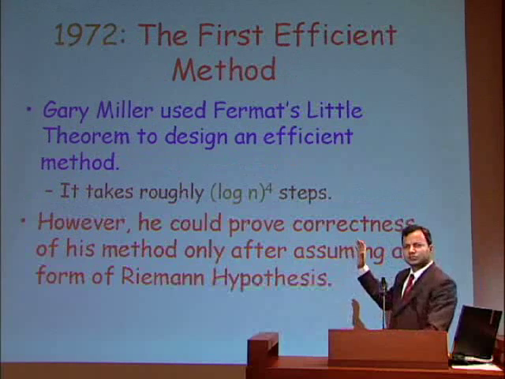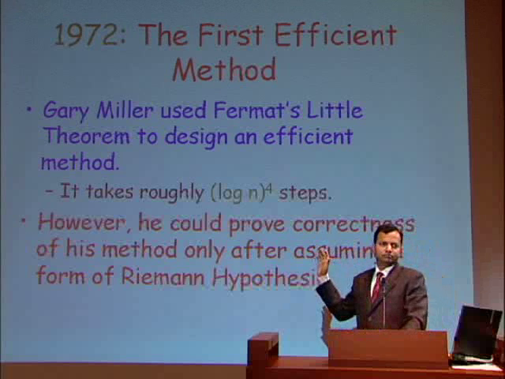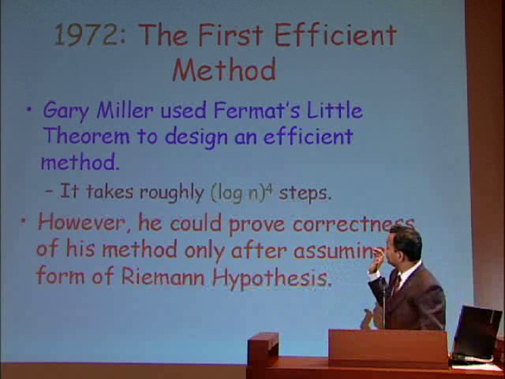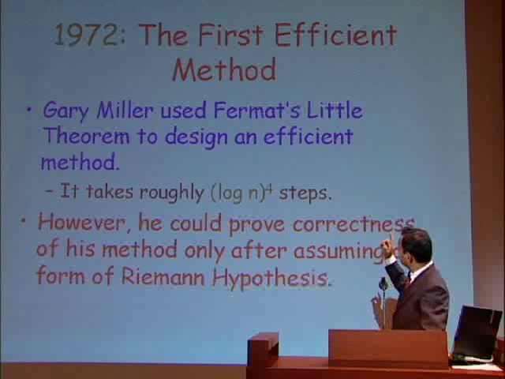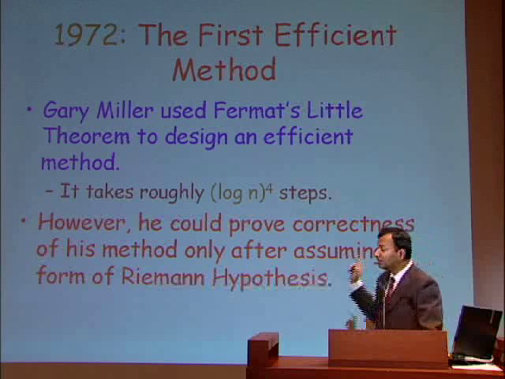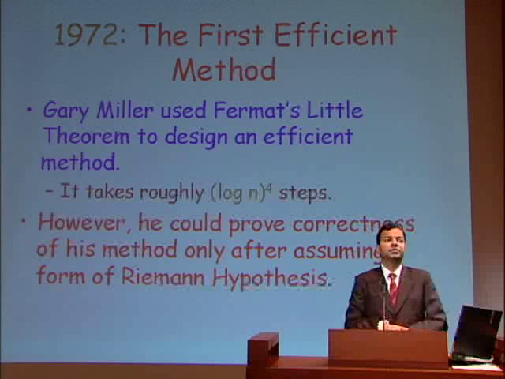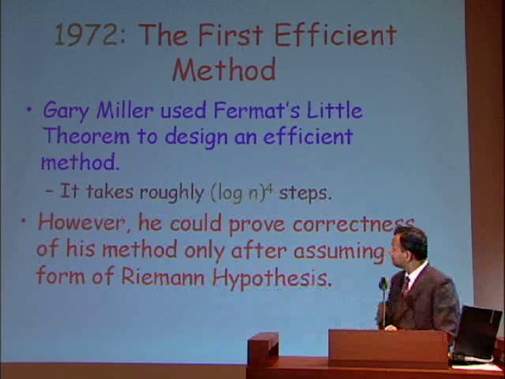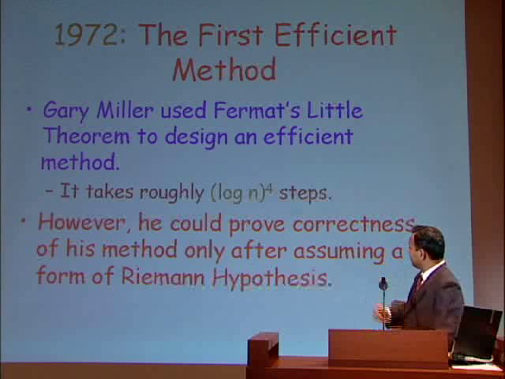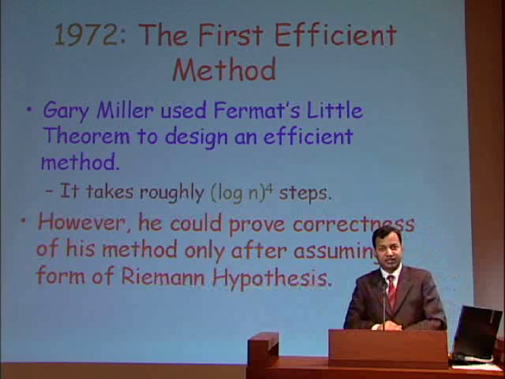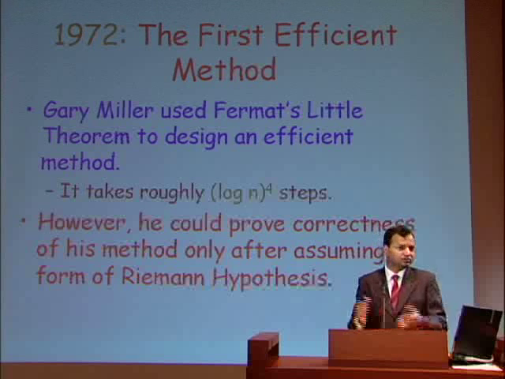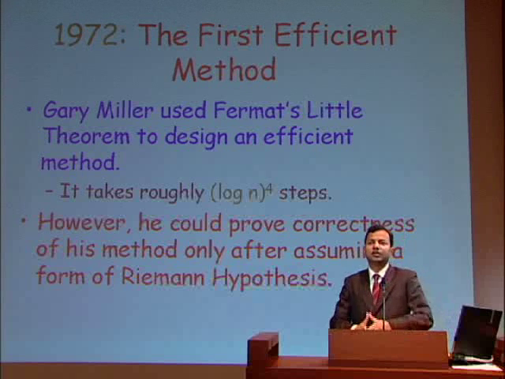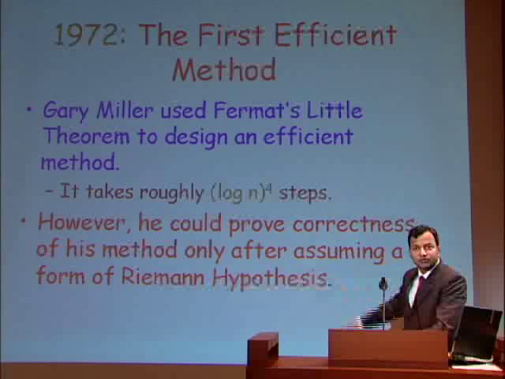Question 3 was nearly solved in 72. Nearly, because in 72, Gary Miller gave the first efficient method for determining if a number is prime. It takes roughly log n to the 4 steps, many operations. So by the definition of fast method, it does satisfy this definition.